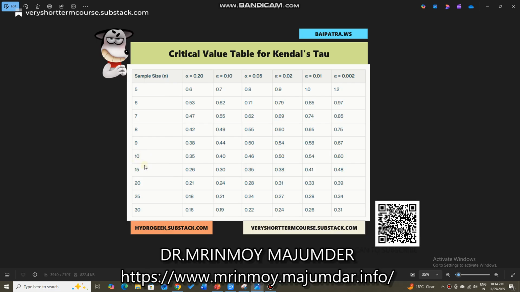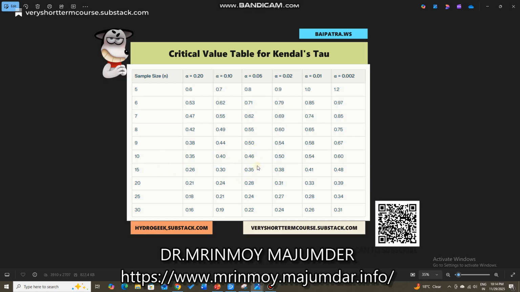I want the critical value of Kendall's tau for a significance level of 5%, that is alpha equals 0.05. For that, you see, for sample size 10, we have the value 0.46. And for sample size 15, we have a value of 0.35.